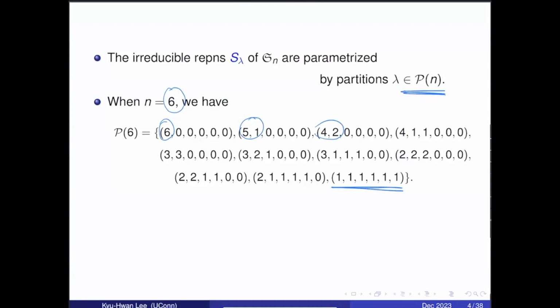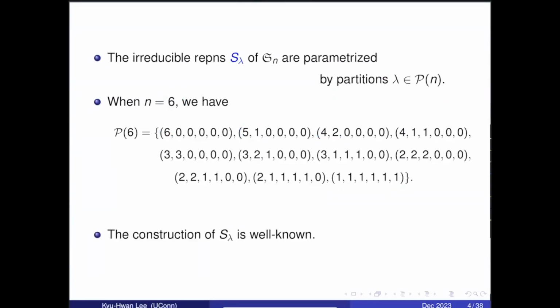Here we wrote these partitions as 6-dimensional vectors, but essentially the positive numbers are important, and they make 6 as a sum. So there are 11 ways of writing the number 6 as a sum. These are the partitions of the number 6.